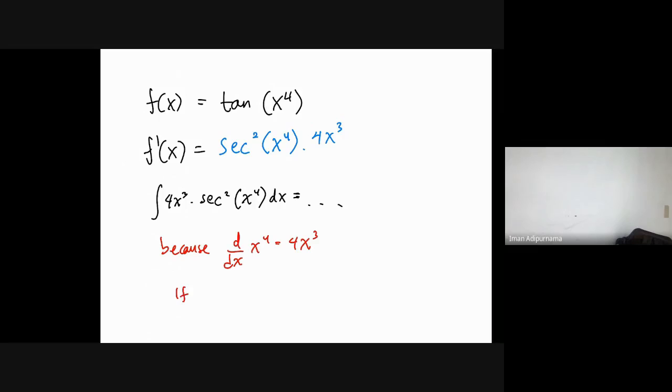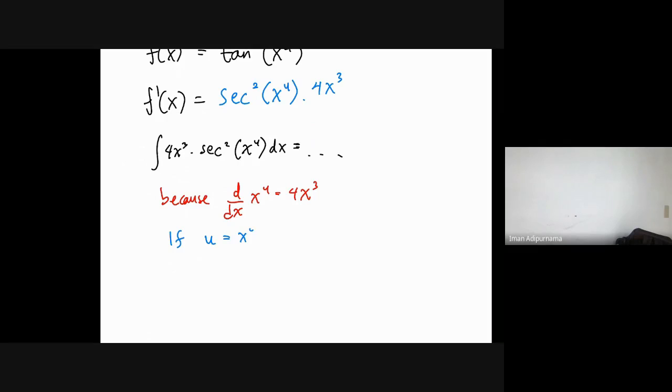If, let's say we have another variable u, and u is x to the 4th, let's derive this. So this will be du, and this will be 4x cubed dx.